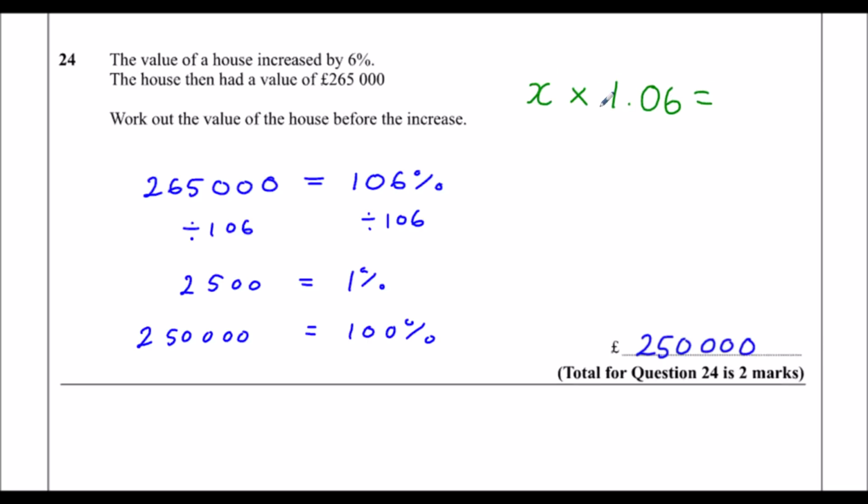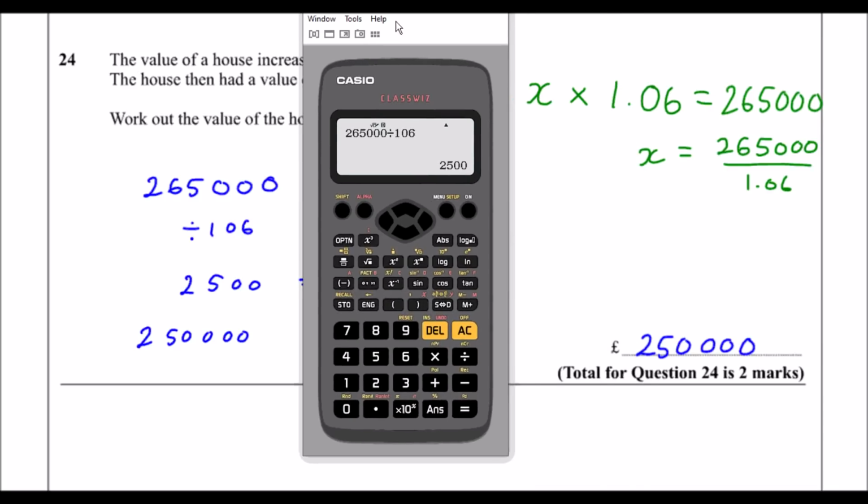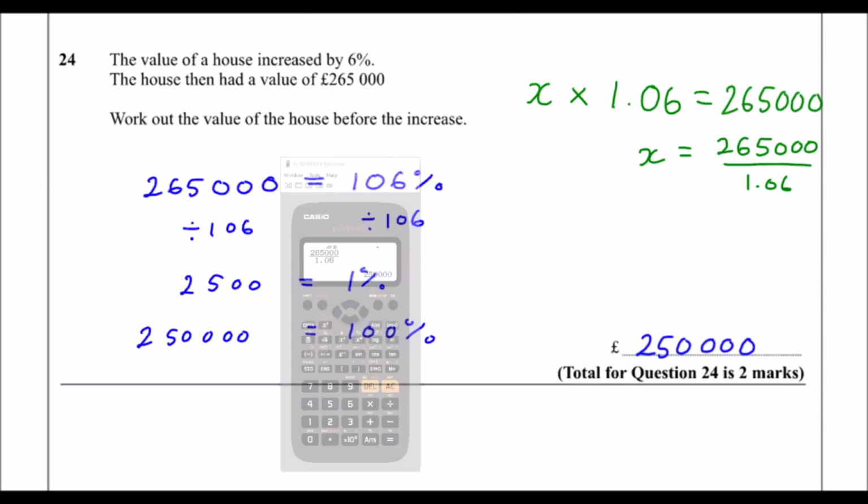So the original times 1.06 is 265,000. To get X by itself, divide both sides by 1.06, and that will give you the answer. So 265,000 over 1.06 gives us our answer of 250,000.